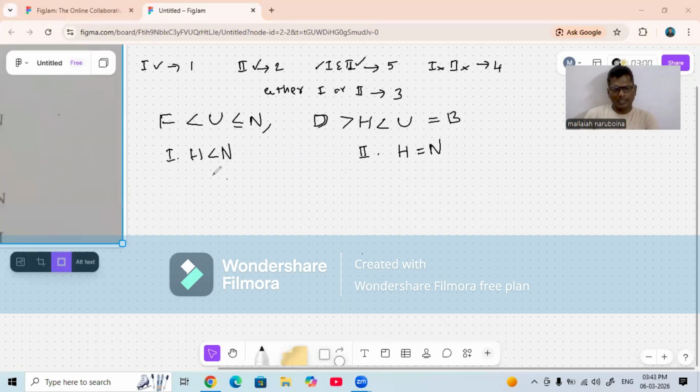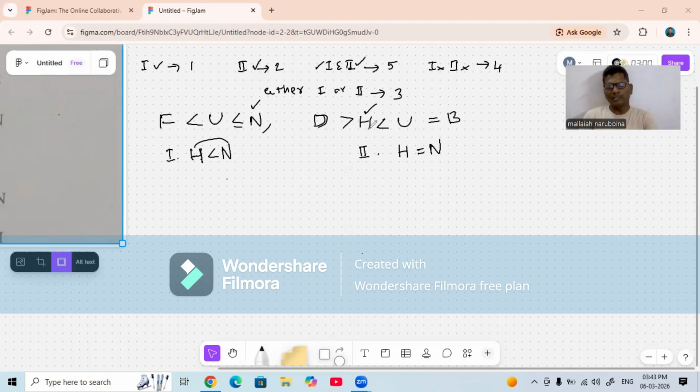Let us check whether the first conclusion is valid or not. H < N. Relation between H and N we need. Where is H? Here is H. Where is N? Here is N. To mix these two statements, this is the first statement, this is the second statement, right?